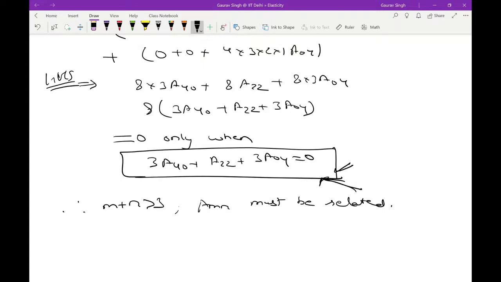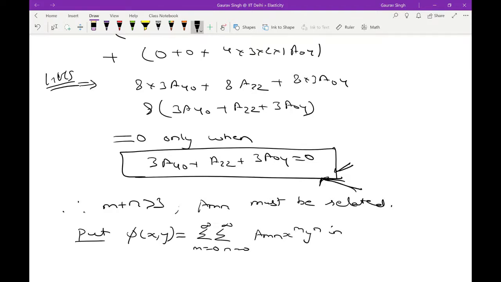If you now substitute the series into the biharmonic equation, this infinite series which you have, so put phi x y, this was something which you had assumed. If you assume it to be of some other form, then there are other ways to solve it. So this is just to discuss where a polynomial Airy stress function can be assumed.